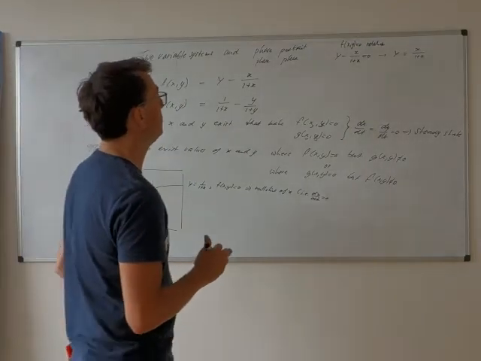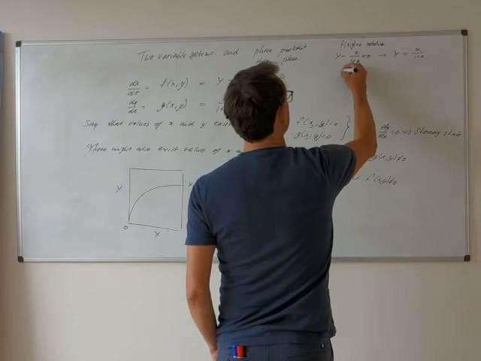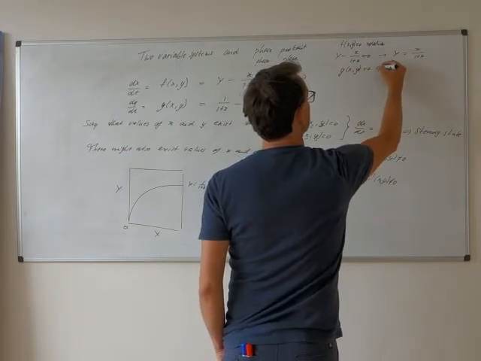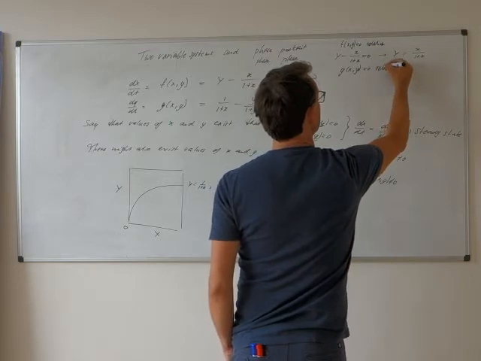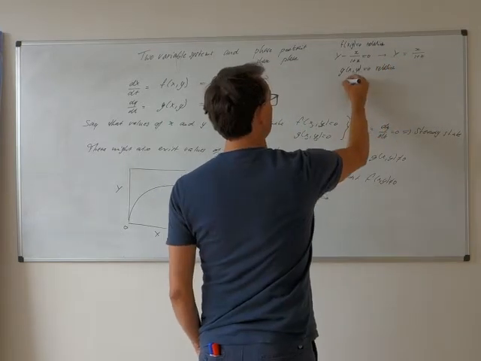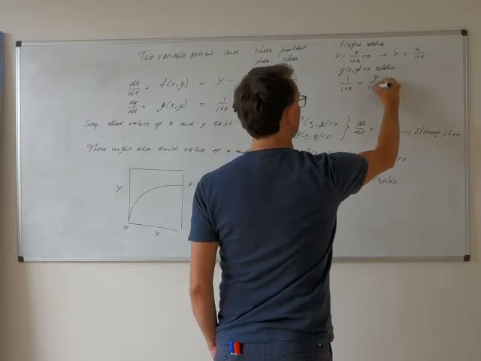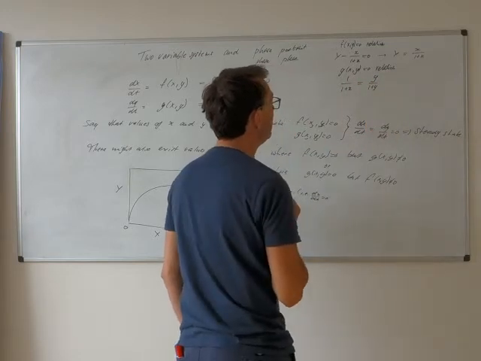We can also determine the nullcline of y, and that is the relation between y and x that makes g 0. So we have to do 1 plus x equals y divided by 1 plus y, right?